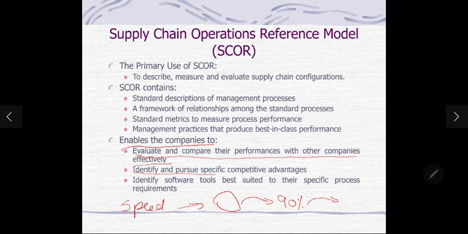Identify and pursue specific competitive advantage. If we do it in the reverse, I'm doing this and getting 90% as a score. Can I use the speed as a sort of advantage? Can I claim that I am fast? I'm delivering the product fast. I'm producing the product fast.